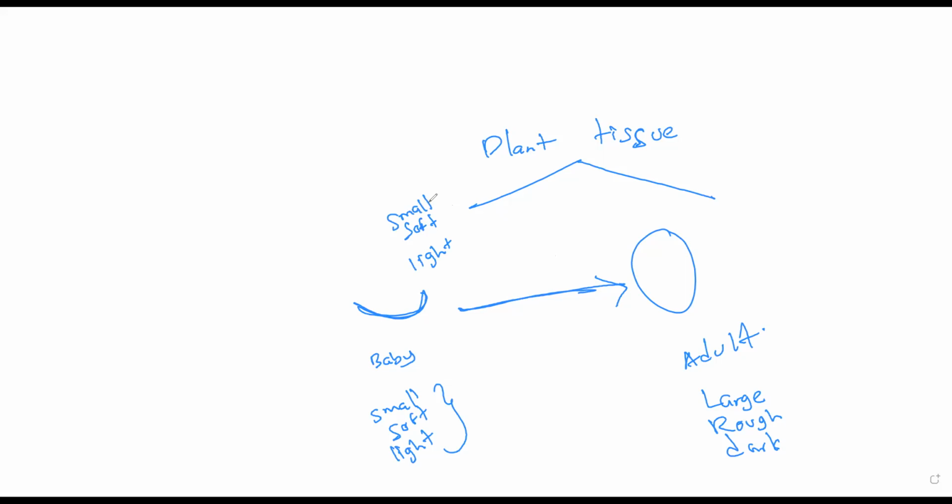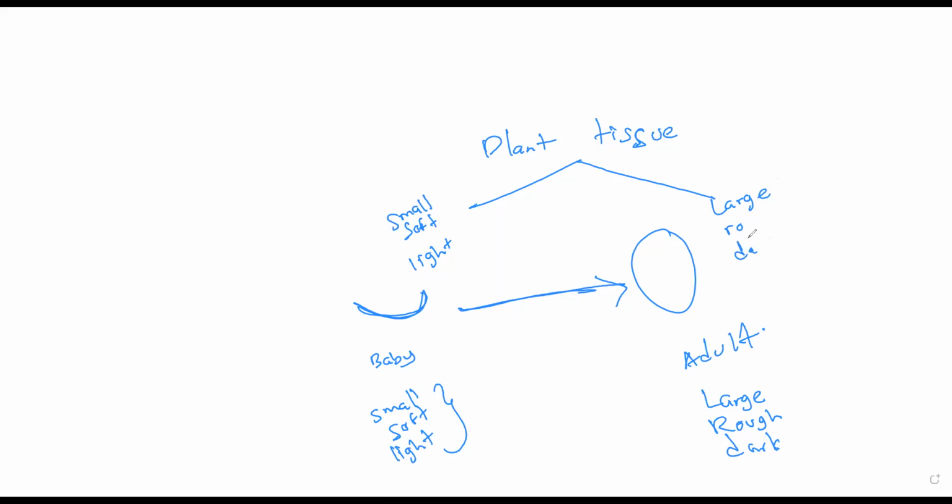And some types of plant tissues have cells that are a little larger compared to this one. That tissue is very rough, and the color of the tissue will be dark.